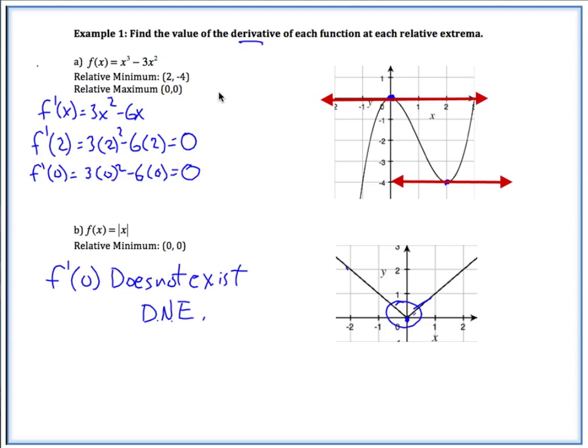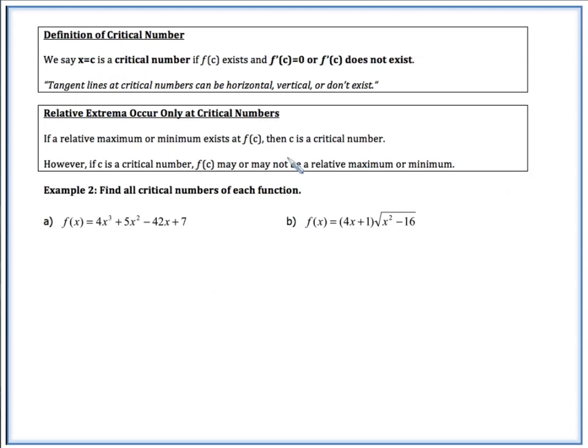So what we're trying to get at is what's happening to the derivative at these relative extrema. Well, it looks like we either get a 0 or we get a does not exist for the derivative at that point. And this brings us to our definition of a critical number.